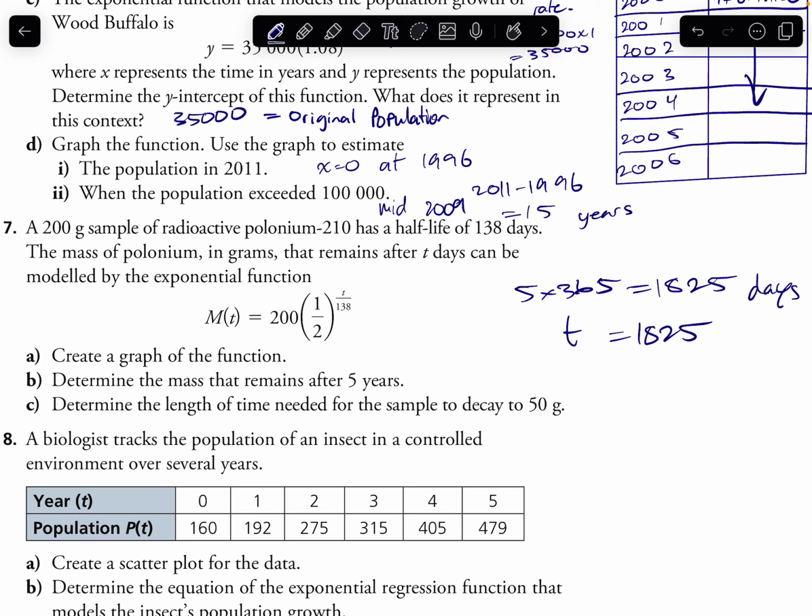200 times 1/2 to the power of 5 on 138 is 195. If you want the actual correct answer, you'd sub in that, so 200 times 1/2 to the power of 1825 on 138.